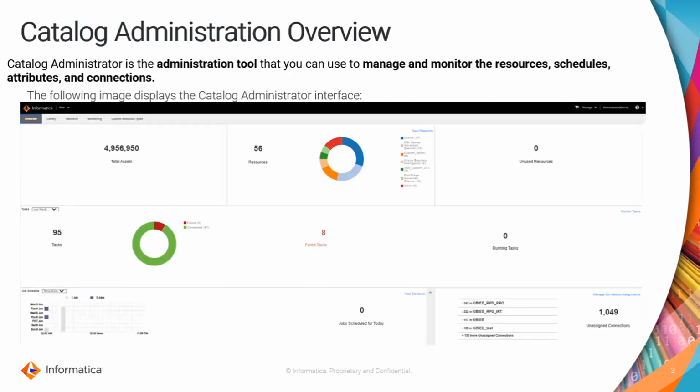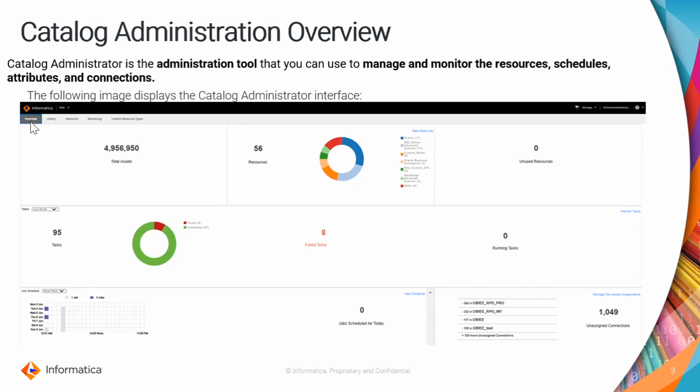This slide depicts how the Catalog Administrator application UI looks. Basically, a Catalog Administrator is the tool that we use to manage and monitor the resources, schedules, attributes, and connections. In this image of the Catalog Administrator interface, we see the user that is logged in along with the security domain.